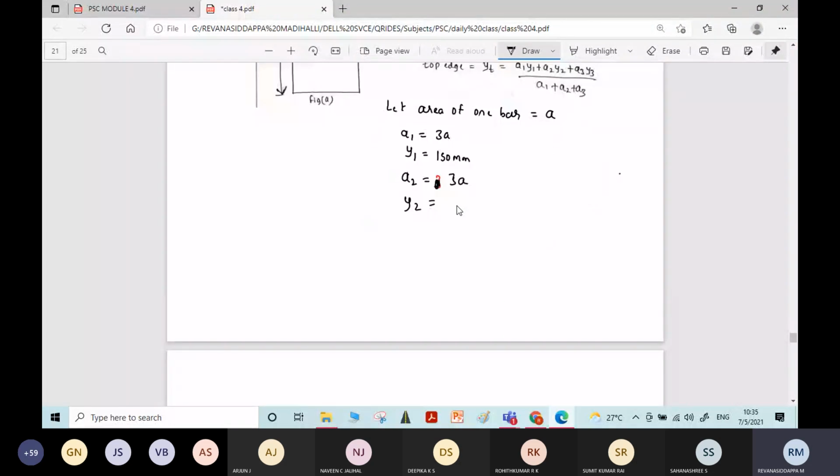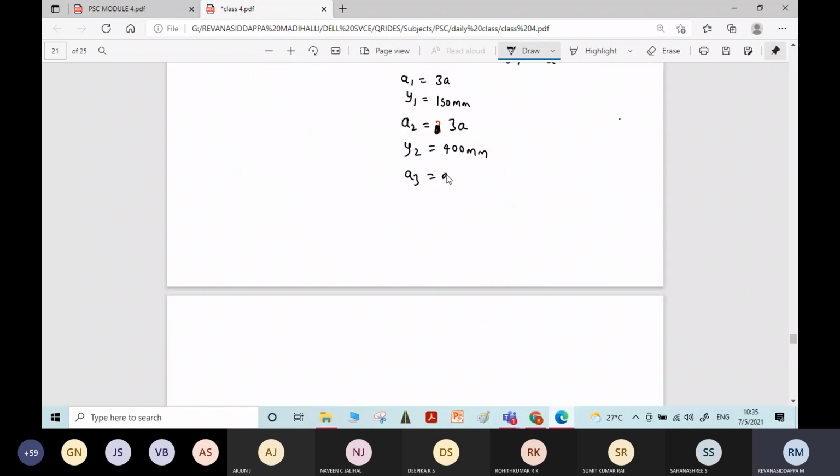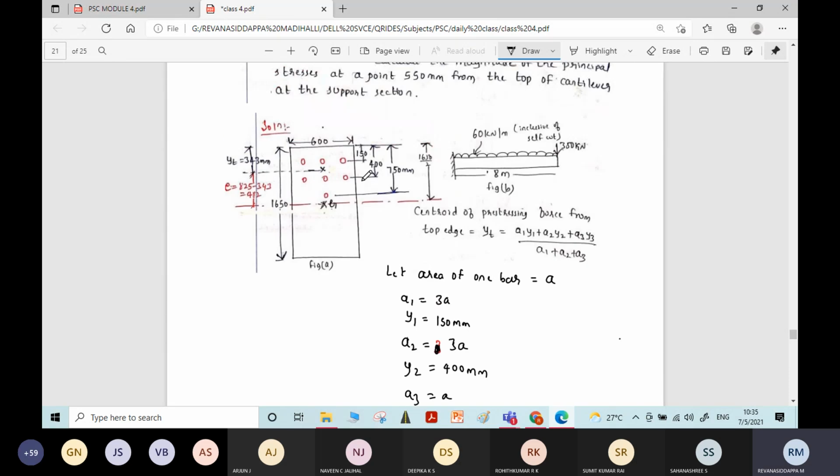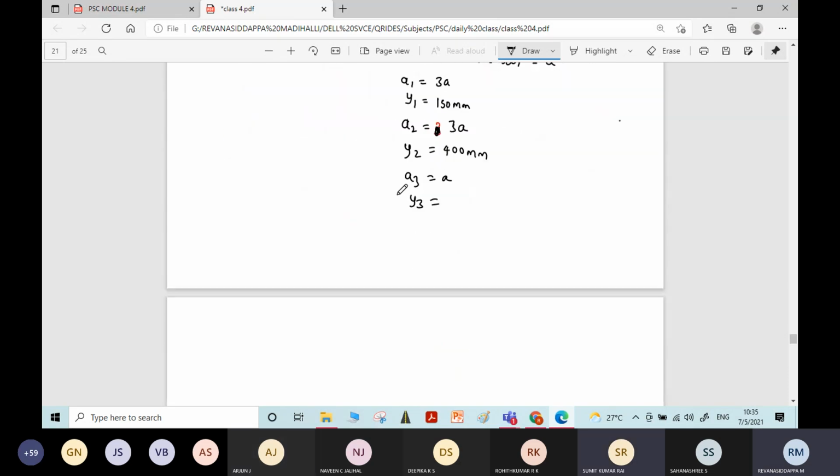Correct, 400 mm. And A3 is equal to, there is only one bar in the third row, so A3 is equal to A. And Y3 is equal to how much? The distance of the third row of bars from the top fiber. It is 750 mm.